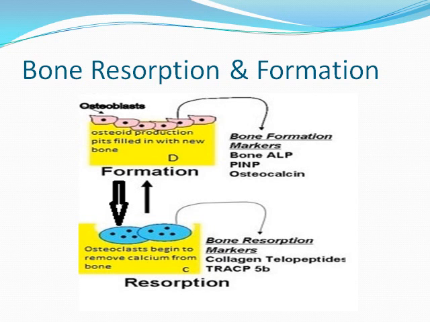And at the top there, you see the osteoblasts start to produce osteoid, and they fill in these tiny pits that were made with new bone after the osteoid becomes mineralized.